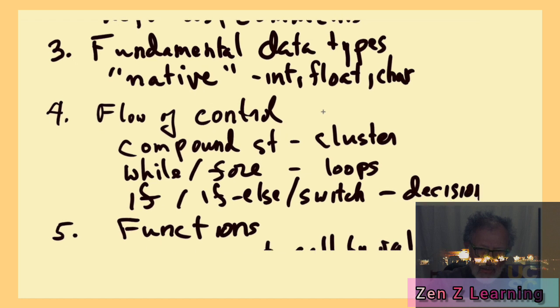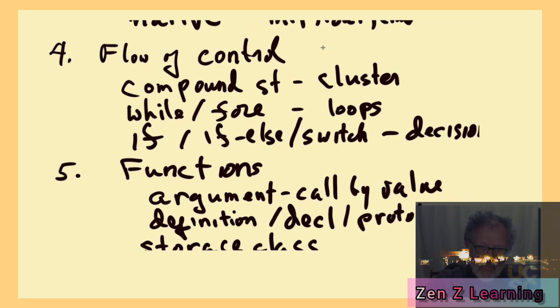The fourth thing you need to know is flow of control. For a program to be interesting, it has to do things like have a compound statement, where a whole bunch of actions are clustered as if they are a single action. You could consider the idea there is like writing a paragraph. There are while and for loops.